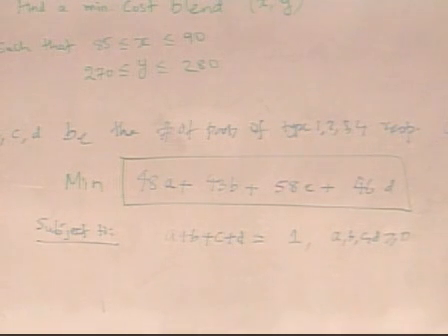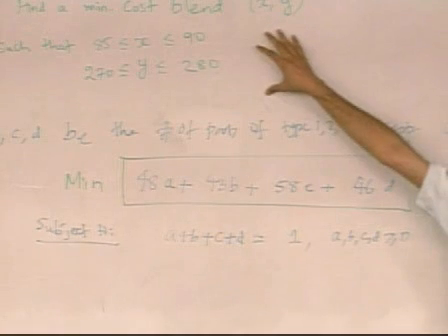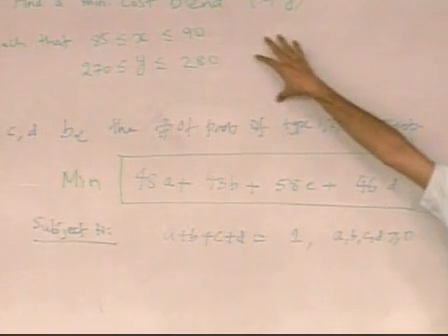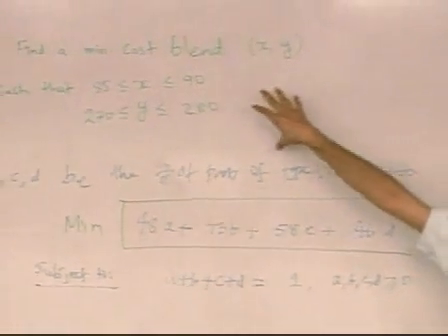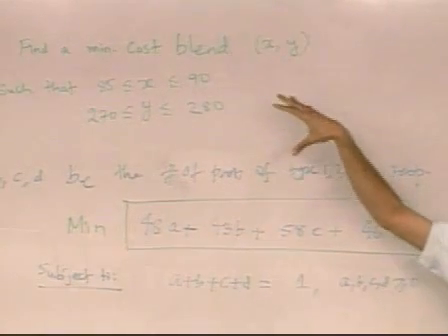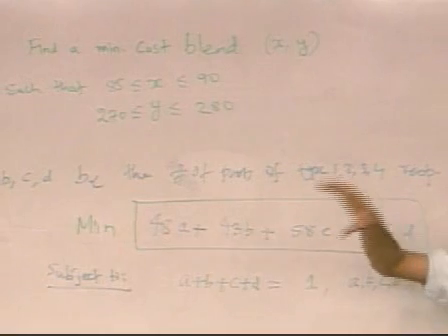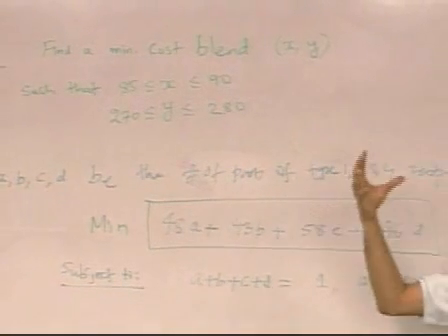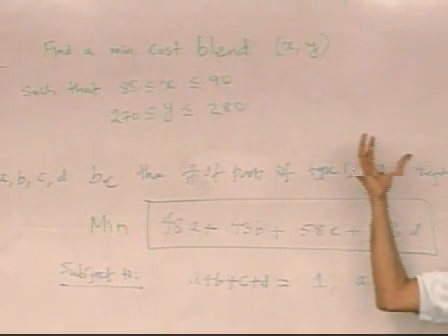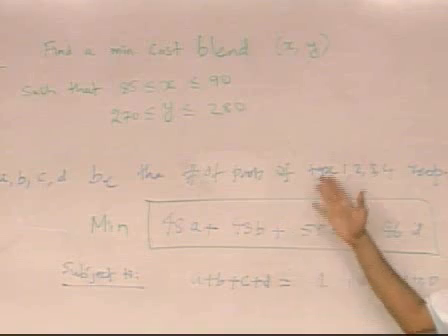If you imagine this hybrid product that you want exists, A, B, C, and D would represent the fraction of types 1, 2, 3, and 4 that you put in to formulate that hybrid product. So that's what it really means.